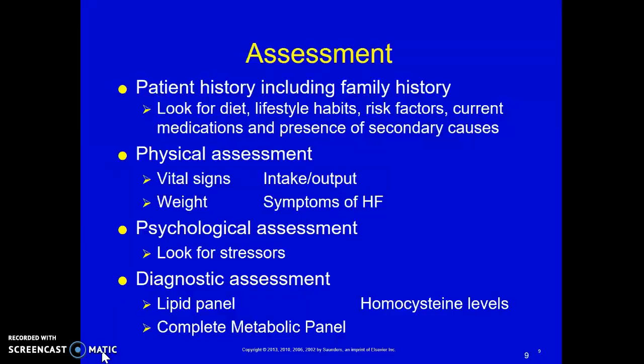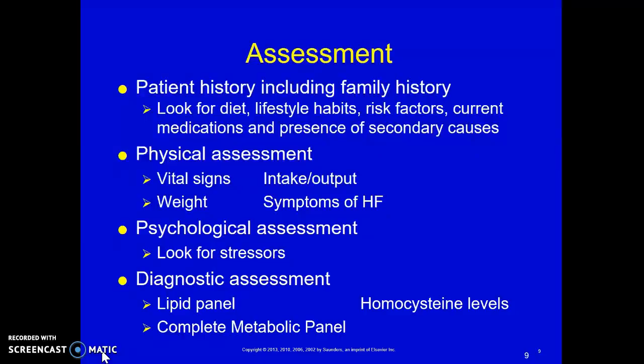And this is just another slide that talks about assessment, just what I mentioned. Again, you're wanting to look at their intake and output. Do they have other symptoms of heart failure? Are they obese? What kind of stressors are they having in their life, and what bearing could that have on their blood pressure at the moment?